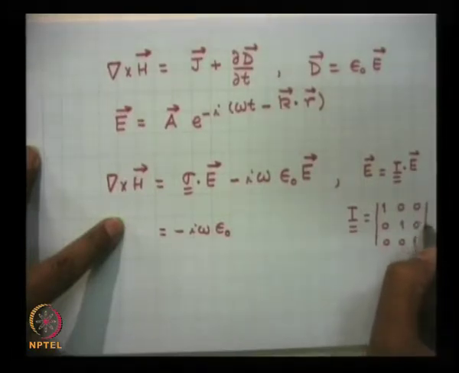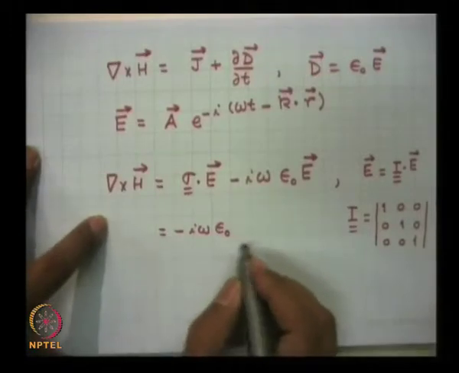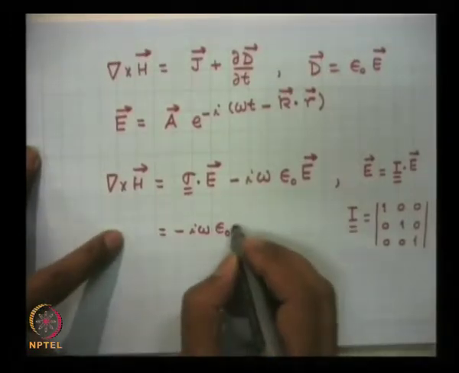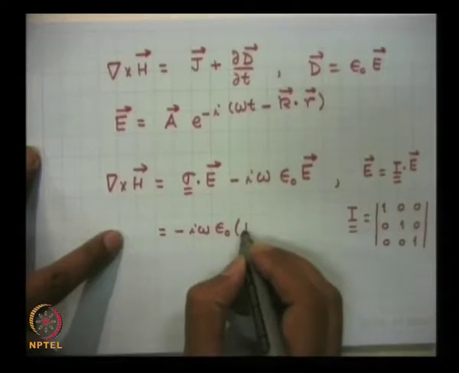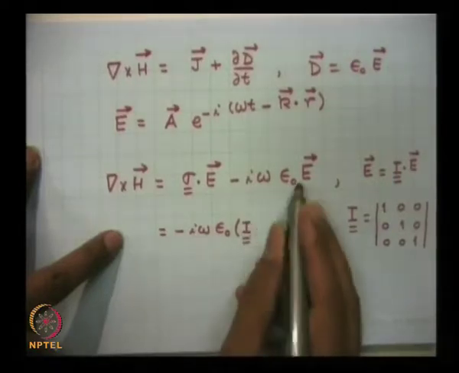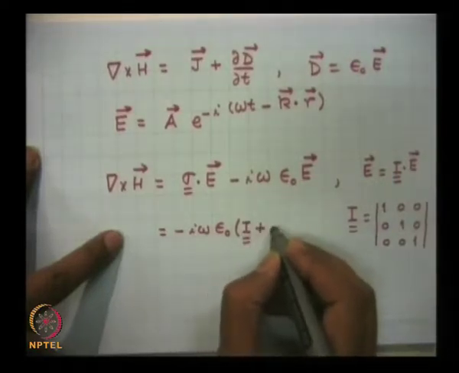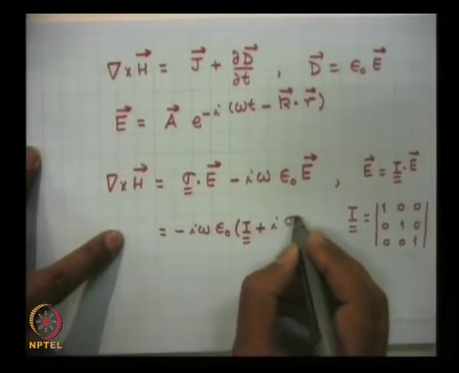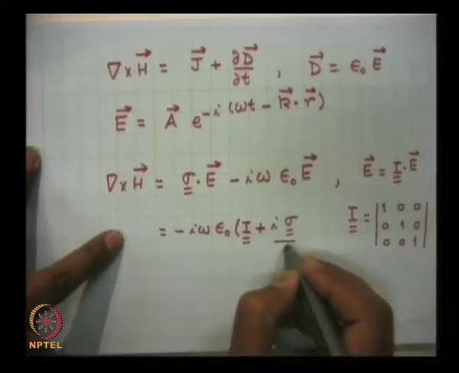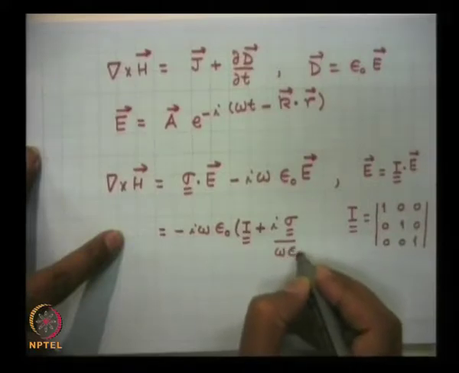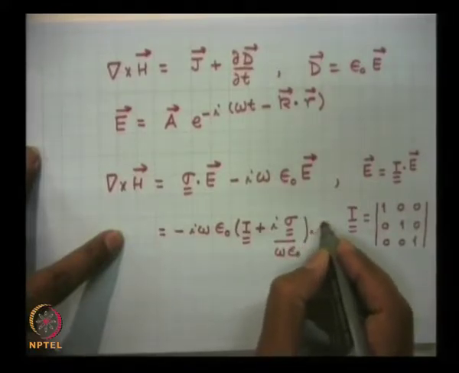So, this equation becomes minus i omega epsilon 0 times the unit matrix, plus i sigma tensor divided by omega epsilon 0, dot E.